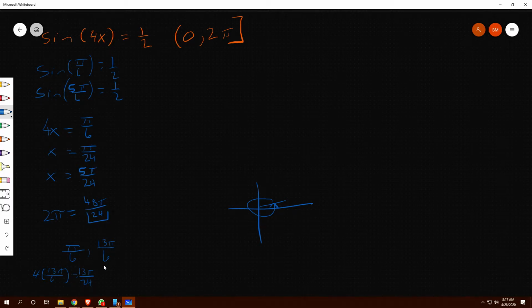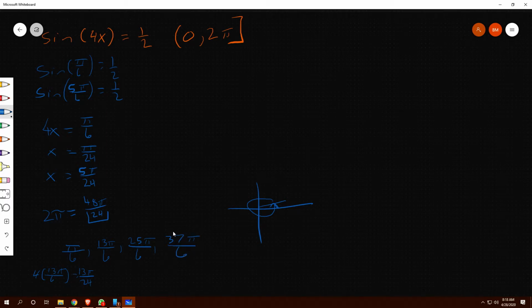So as long as this numerator is below 48, we're good. So I'm going to do another full revolution for pi over 6. I went to 13, so I'm going to add 12 again. That's now 25 pi over 6. I'm going to add 12 again. That's 37 pi over 6.